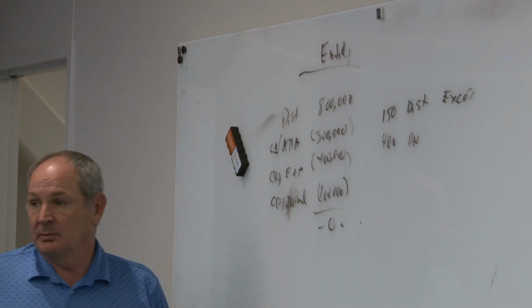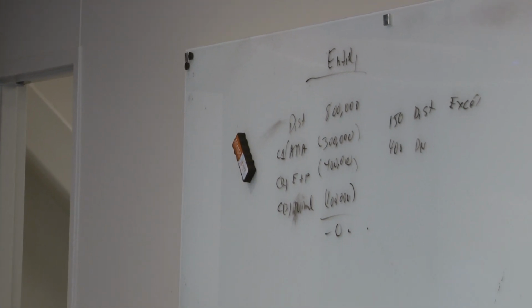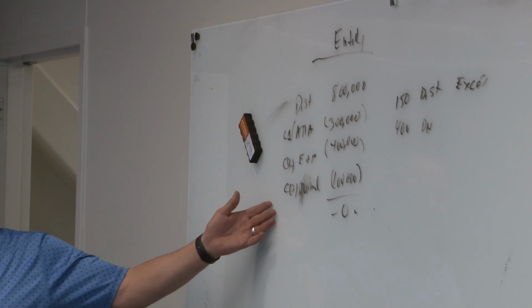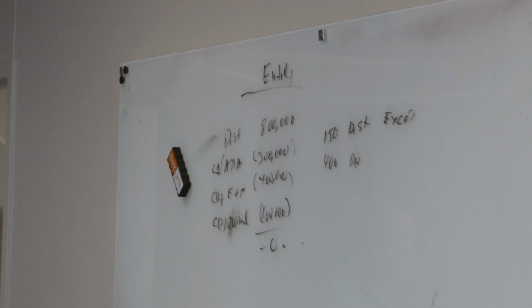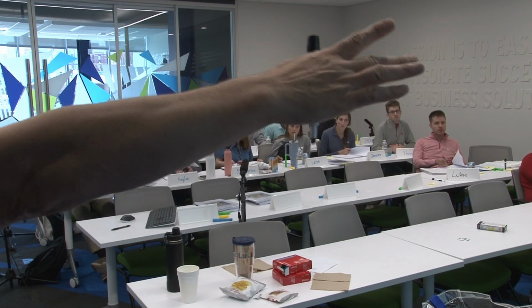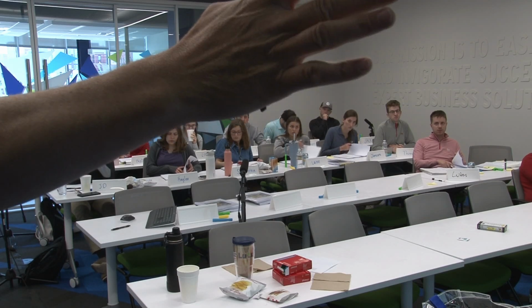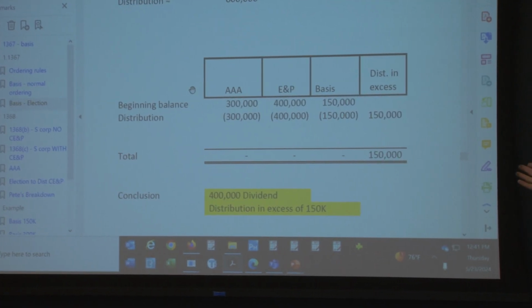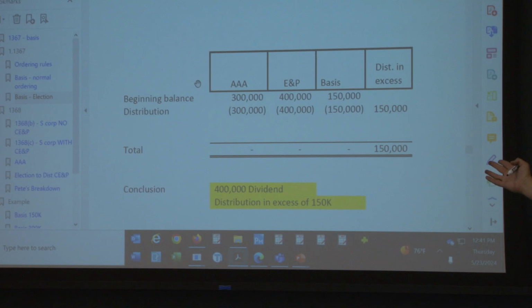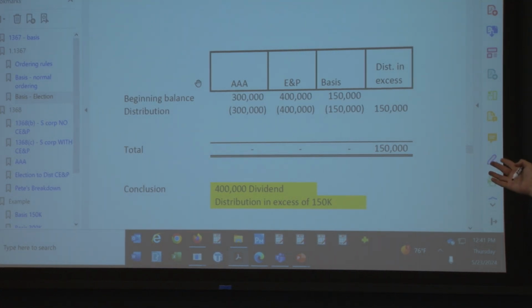The third tranche, when I make the assessment, again at the entity level, this is entity, and this is why it's so hard to track. At the entity level, I got another 100, which is my normal distribution rules. So now I go back, I would now put distribution C3 on this schedule that says, well, I have no more basis, so that's 0, and my distribution in excess on that last tranche is 100,000.